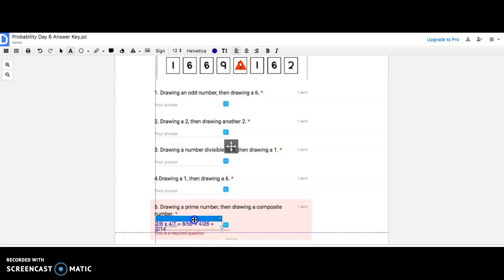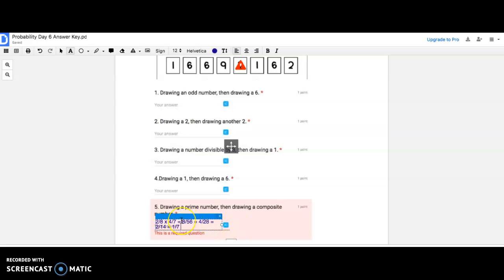And 2 and 14 can still be taken down further. Both are divisible by 2 because both are even, so 2 divided by 2 is 1, and 14 divided by 2 is 7. So ultimately, your most simplified answer would be 1/7.